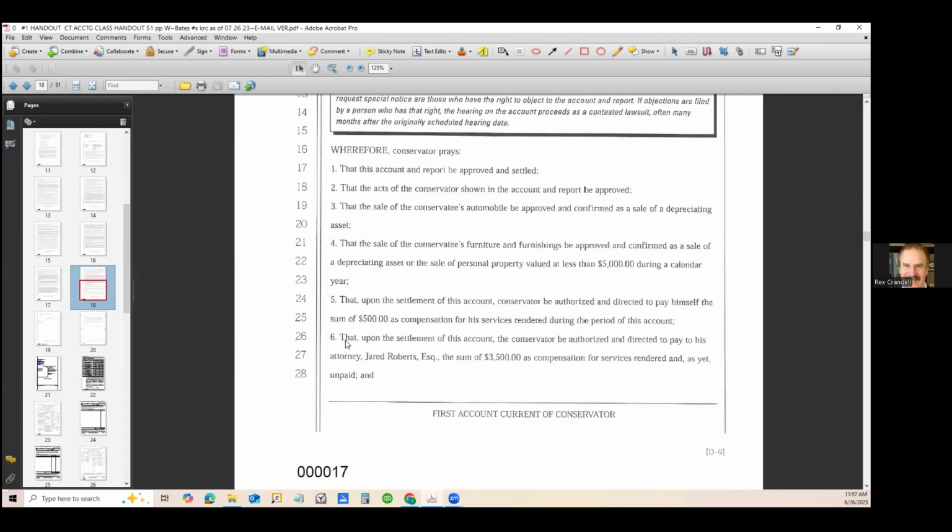So down here, when we get in the prayer, because the conservator only asked for $500, I don't use this exact wording, but the wording is that the conservator is allowed to pay themselves this $500. The conservator is allowed now to pay the attorney his fee.